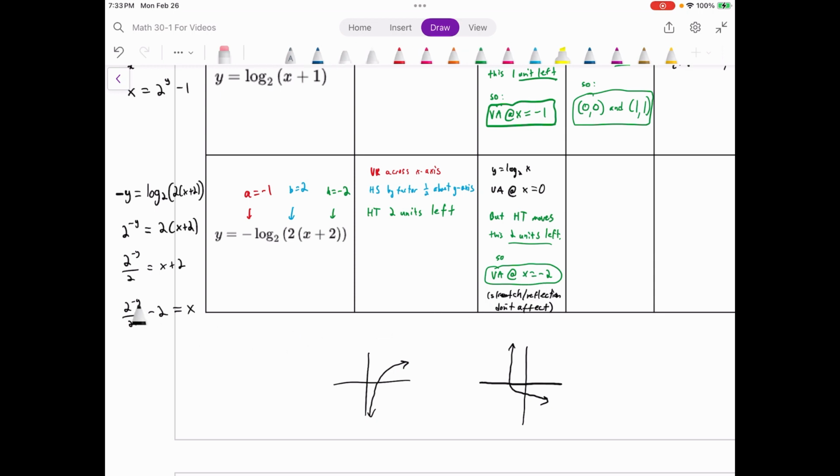As y goes to infinity now, I have 2 to the power of negative a billion. That's approaching 0. So this whole side then, as y goes to positive infinity, is approaching 0 minus 2. So x is approaching -2 as y goes to positive infinity. Hey, right? That's what we got. As y goes to positive infinity, x goes to -2. We have a vertical asymptote at x equals -2.